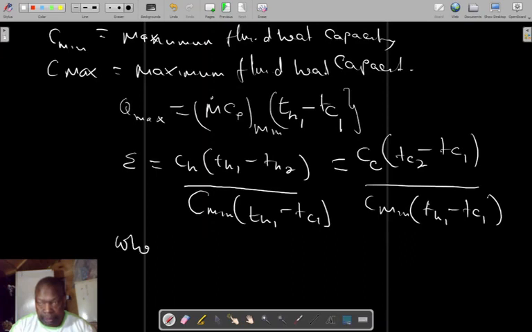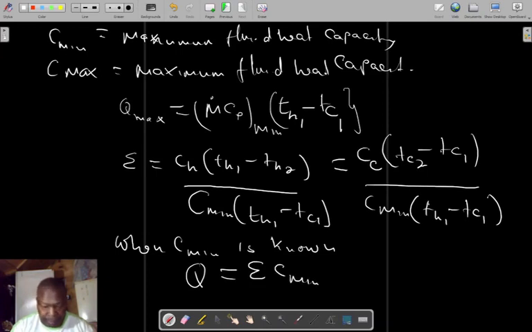When C minimum is known, then our Q is equal to epsilon C minimum (Th1 minus Tc1).